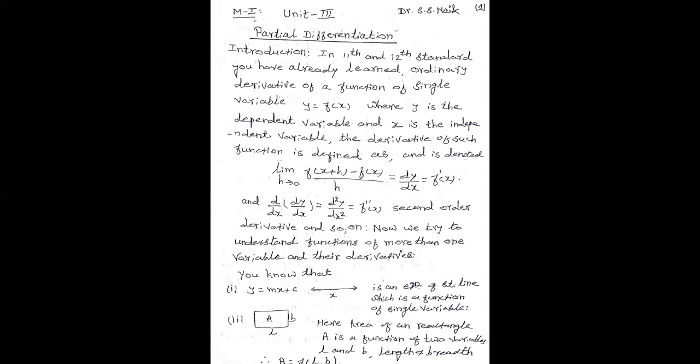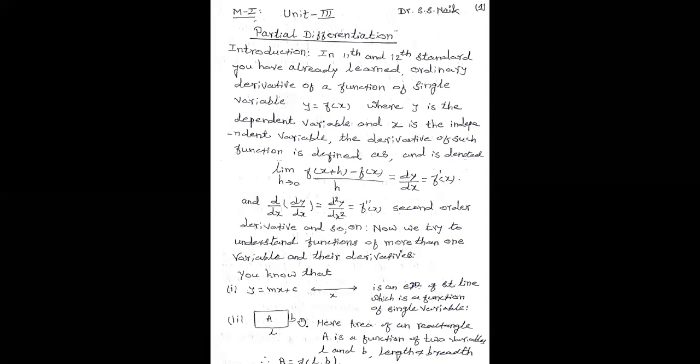So, you know that y is equal to mx plus c is a function of a single variable x, where m and c are the constants, for example. Then this is a rectangle, and I want to find the area of a rectangle. The area of a rectangle is given by A is equal to length into breadth.